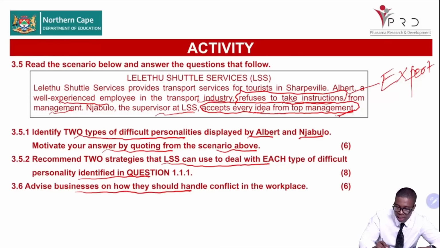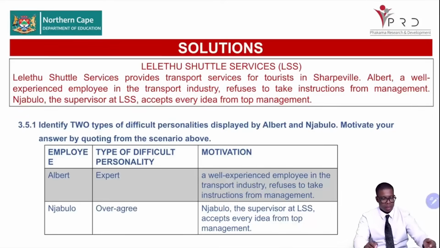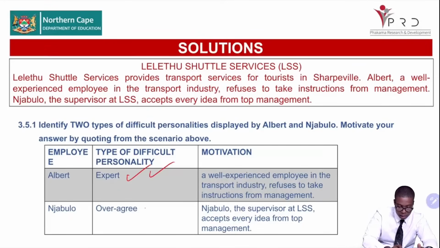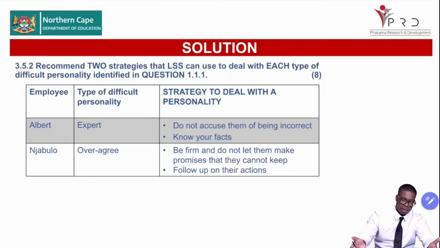Then when we say they accept every idea as it comes, this is someone who is over-agreeing to everything that is being said. That's why we are saying Albert is an expert, and that's why we are saying Jabulo, the supervisor, accepts every idea from top management, therefore over-agreeing on the matter.